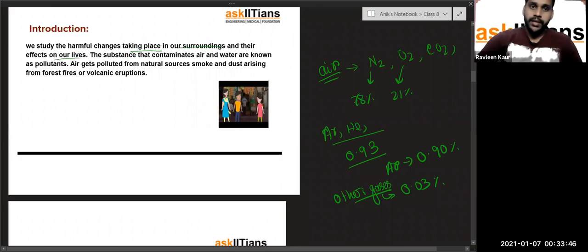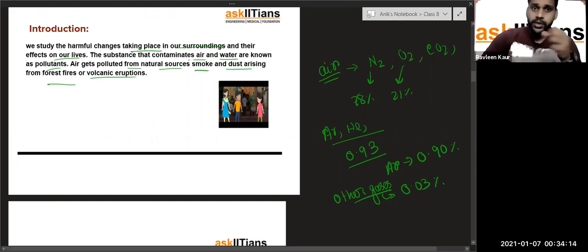The substances that contaminate the air and the water are known as pollutants. So the things that are contaminating the air and the water are called pollutants. Air gets polluted from natural sources like smoke and dust arising from forest fires and volcanic eruptions. So here they are discussing the causes of this pollution.